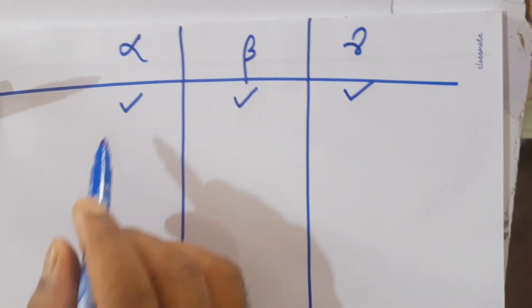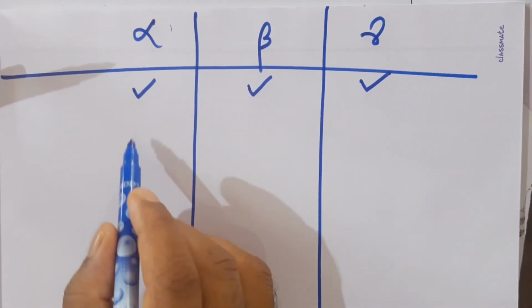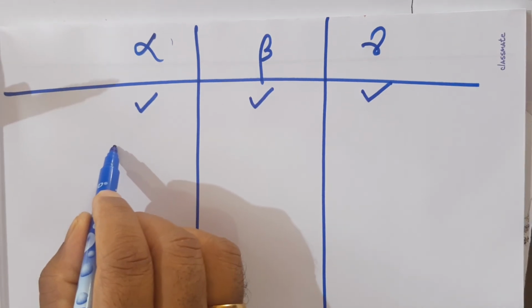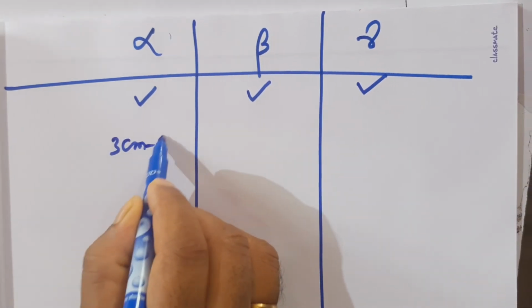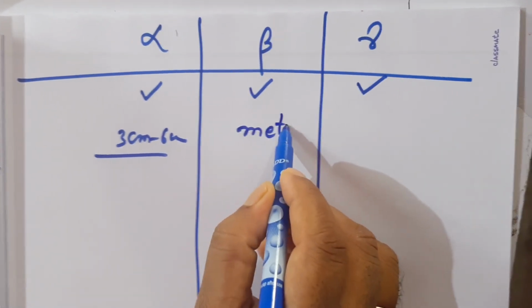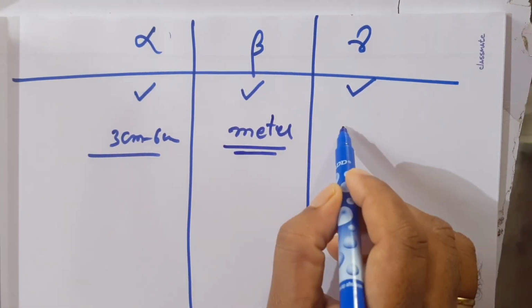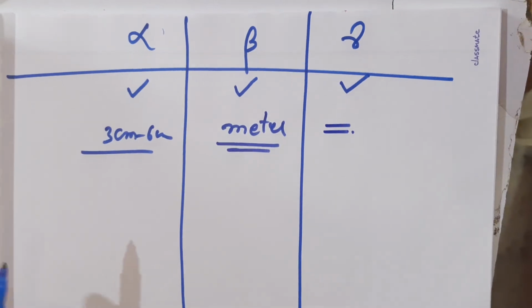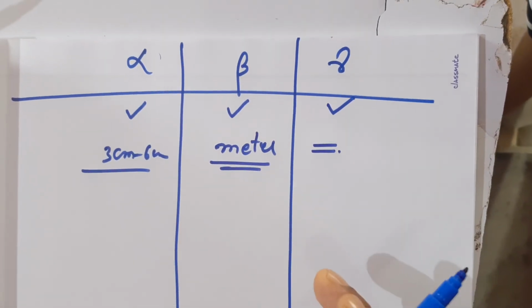So here alpha particle range in air is 3 centimeter to 6 centimeter. For gamma it is in the order of meters, and its range is very much more compared to alpha and beta.